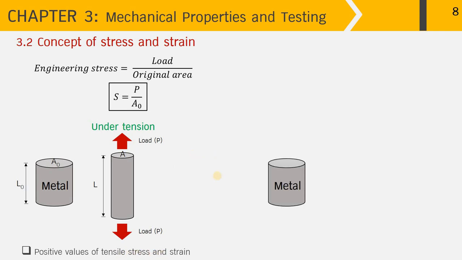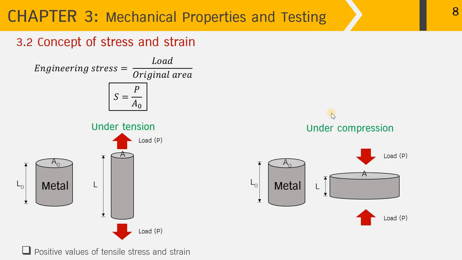stress. On the other hand, if we started from the same cylindrical rod-shaped metal with the original dimensions of L0 and A0, but this time we apply compression load onto the sample, and here the length has been reduced into this dimension, but on the other hand, the final area is increasing.